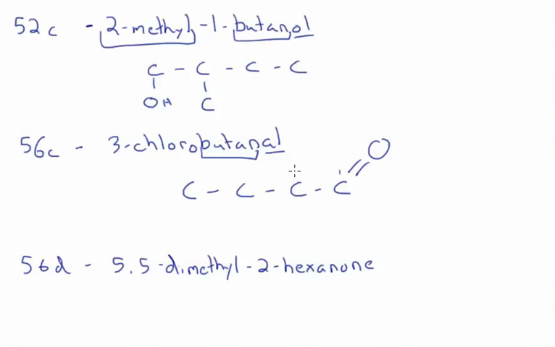The last example on this slide, because it ends in "one," we know it's a ketone. And because it says hexa, we know it's 6 single bonded carbons. 1, 2, 3, 4, 5, 6. We know that the ketone is on carbon 2.